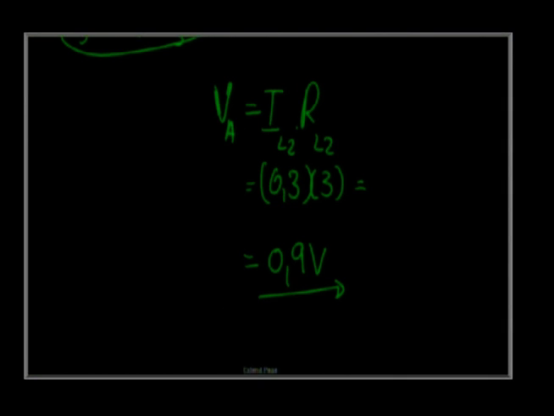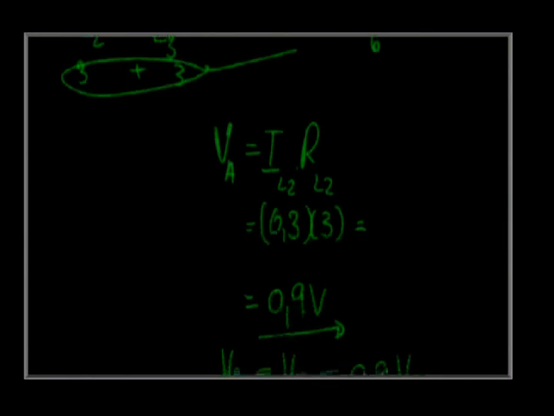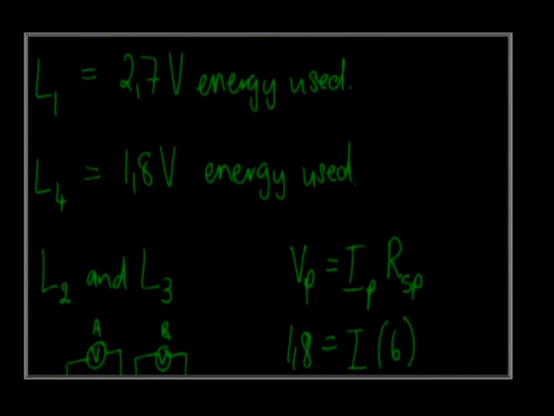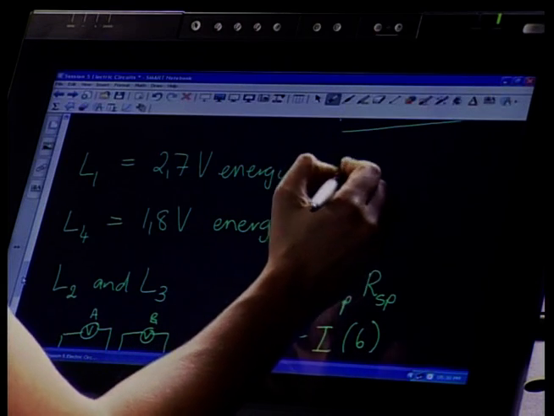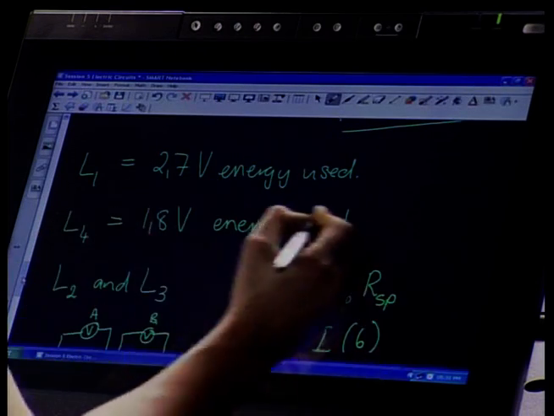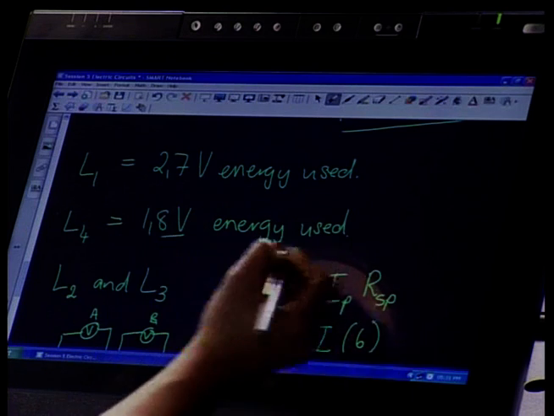And remember, voltmeter A is going to be identical to voltmeter B, and both of them will therefore be 0,9 volts. So if we go back to what we had over here in the beginning, light bulb number 1 uses 2.7 volts of energy. Light bulb number 4 uses 1.8 volts of energy.